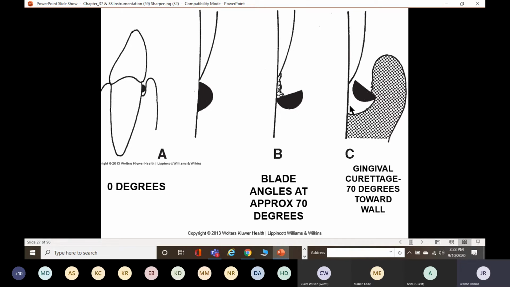It's taking off that very fine little bit of tissue, because the idea was that it is infected. So let's get that all out of there, and get the calculus and biofilm out of there, and then a nice fresh piece of tissue hopefully will adhere back to the tooth and close that pocket a little bit.